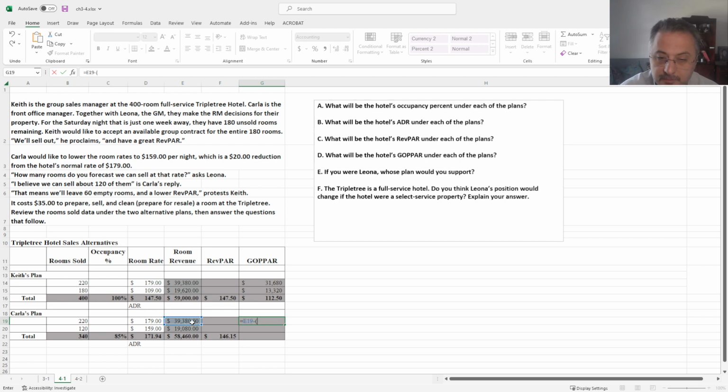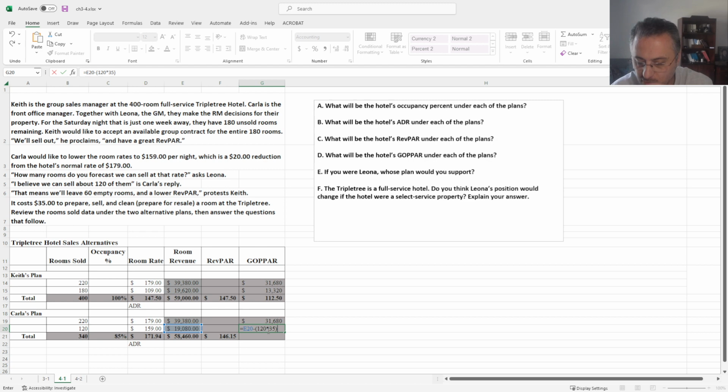And let's do this again. Minus 220 times 35. This revenue minus 120 times 35. Just to clarify, what we are doing here is that the revenue comes from selling this many rooms, minus how much is the cost, 120 times 35.